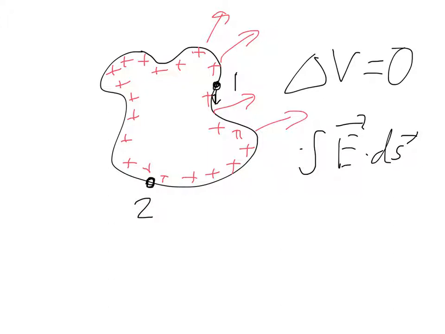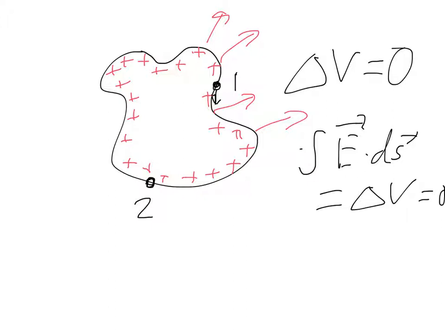The electric field lines are going perpendicular outward away from the surface, and you're going along the surface parallel. So those are perpendicular, and so the dot product here is necessarily 0. So I'm taking the integral of a whole bunch of zeros, which gives us nothing. And of course remember that negative integral E dot ds is simply the change in potential. As we said, that is now 0. So that's actually two ways to think about why along the surface there is no potential change.